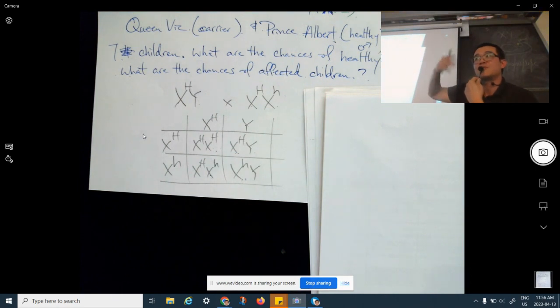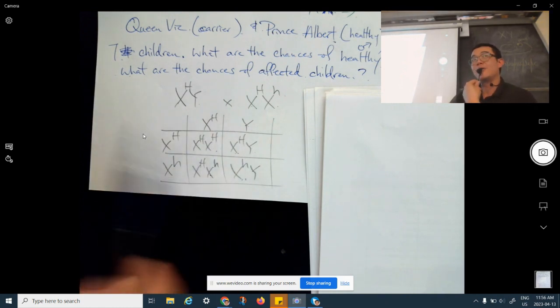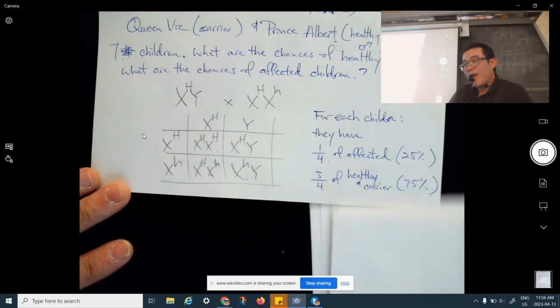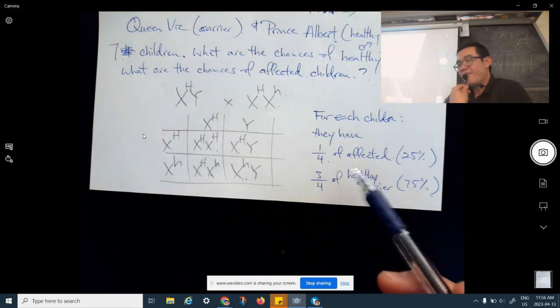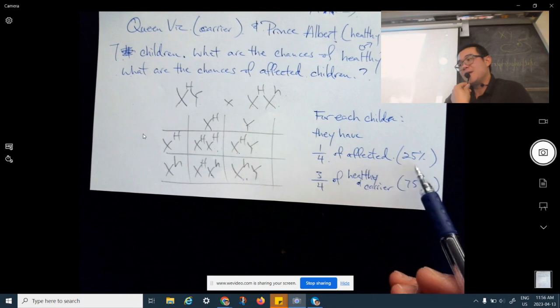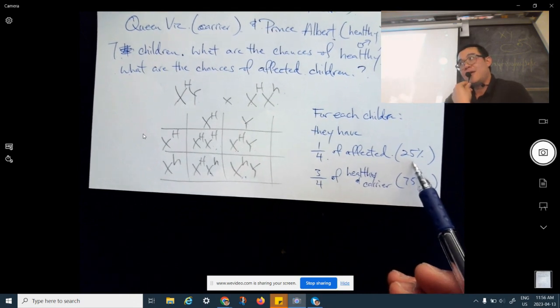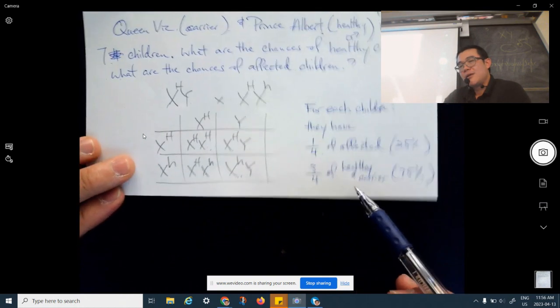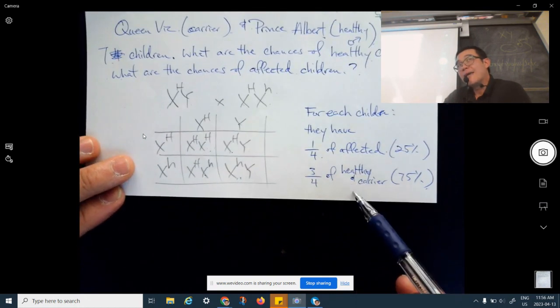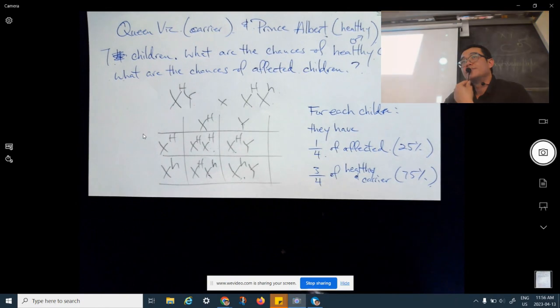Every time there's an event, you have to count the probability again. So for every child, they have 1 out of 4 chances of having hemophilia, 3 out of 4 chances of being healthy or carrier.